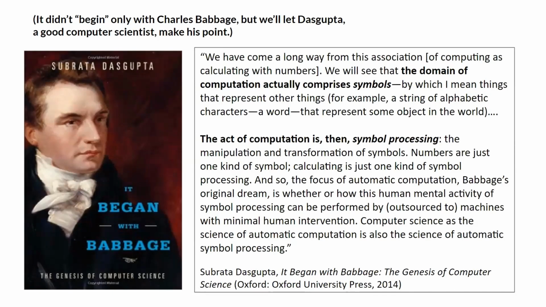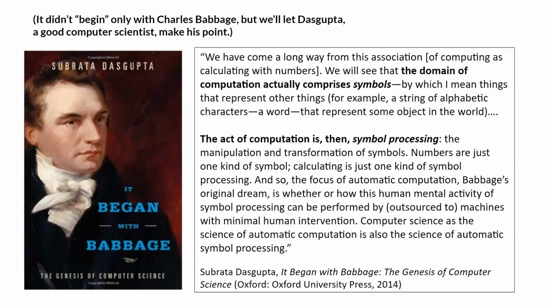I've highlighted some terms here that you can pay attention to. So we'll see that the domain of computation actually comprises symbols, not just numbers in math, right? The act of computation is then symbol processing, the manipulation and transformation of symbols. Numbers are just one kind of symbol. Calculating is just one kind of symbol processing.